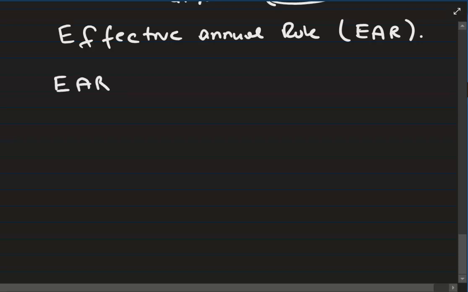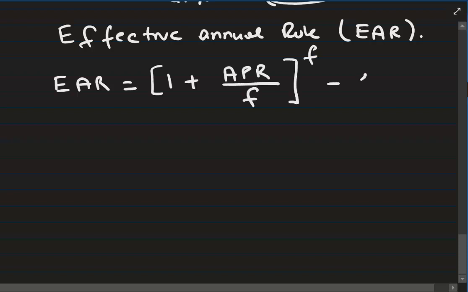Effective annual rate is 1 plus APR divided by F, which is the frequency, raised to the power F, minus 1. In fact, the whole thing in parentheses, minus 1. And APR is slightly more complicated.